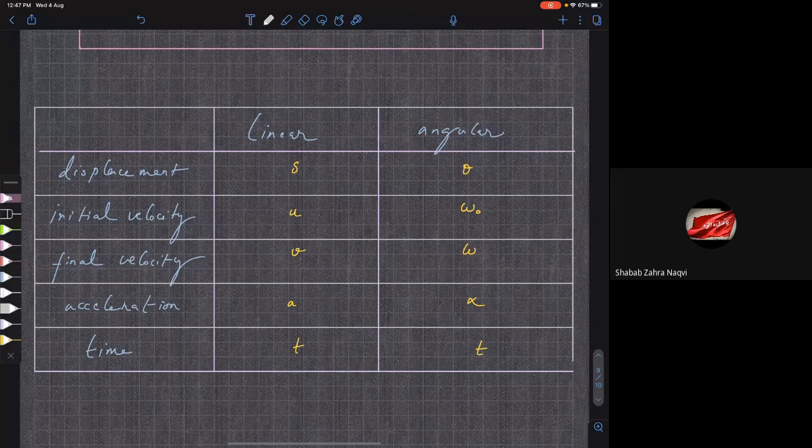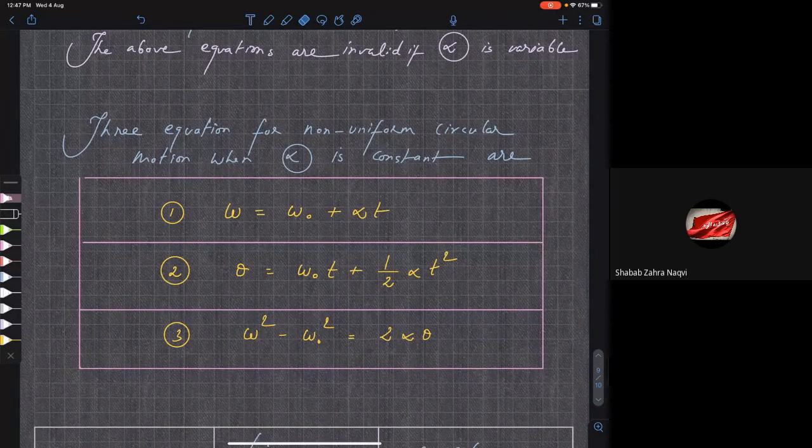V equals u plus at का exactly उसके एंगुलर पैरामीटर्स आ जाएंगे। s equals ut plus half at square का exactly उसके एंगुलर पैरामीटर्स आ जाएंगे, और v square minus u square equals 2as का उसके एंगुलर पैरामीटर्स आ जाएंगे। ठीक है, क्लियर?